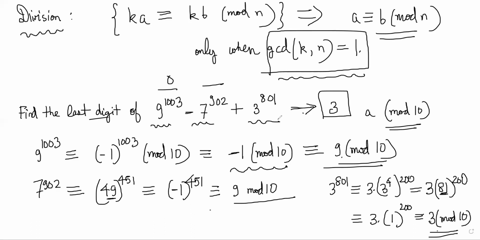Let's do another question which is similar. Find the remainder when 3 power 89 is divided by 7.